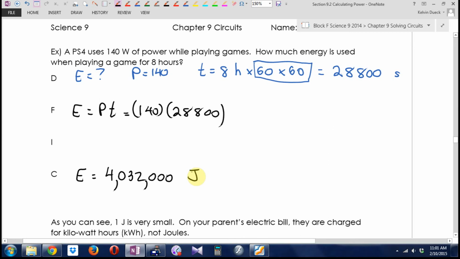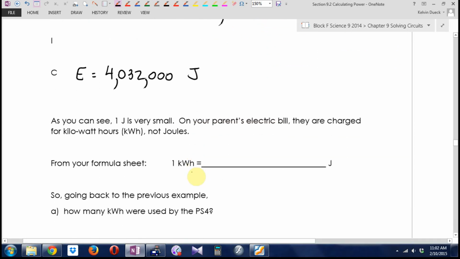That is energy, because kilowatt hour: watt is power, hours is time, not the units we like. But that gives them numbers that aren't so big, because if your parents were getting charged 75 billion joules a month, they'd freak out, but they also wouldn't understand it very well. We don't deal with really, really big numbers all that well. And so the standard unit of energy measurement on a bill is the kilowatt hour.